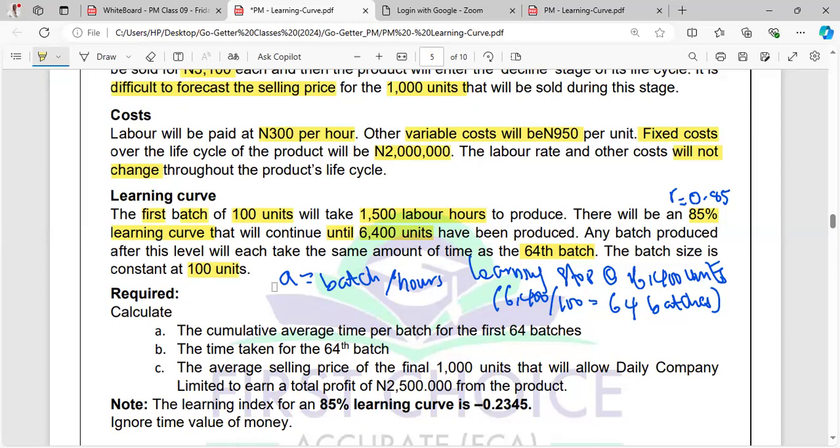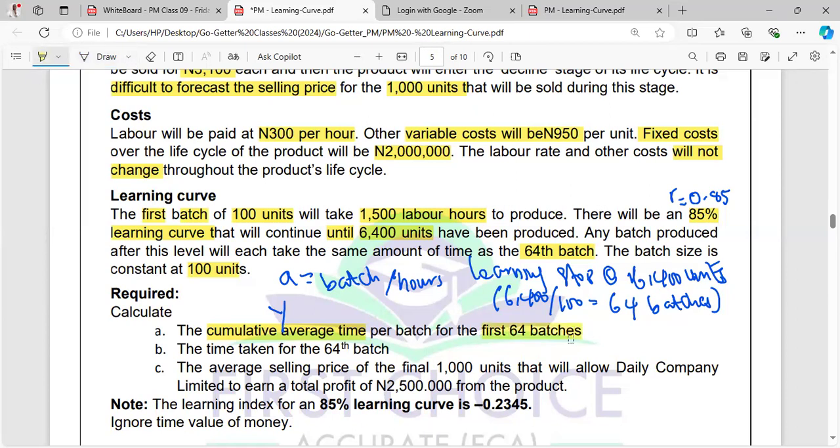Required: calculate the cumulative average time. Now, why am I saying it's time? Because your A is given to you in hours. So they are going to ask you for time. And this cumulative average is telling you to find Y for the first 64 batches.